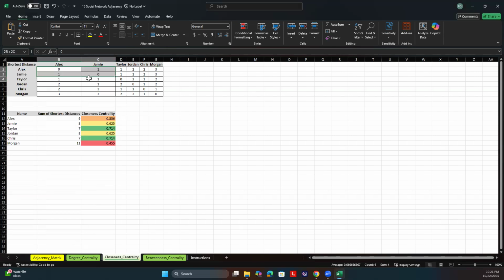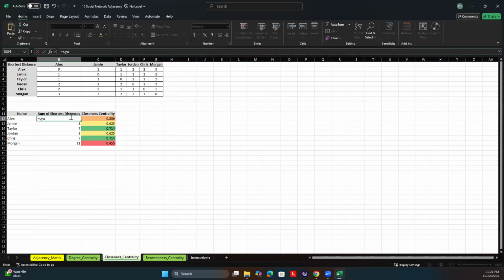Once you create this matrix manually, I'm just showing in Excel how to illustrate it. Again, it takes time. You need to go through every single combination, every single edge, to calculate the shortest path. Once you create this file by going through every single cell here, which is 6 by 6, 36 entries total, then we calculate the sum of each row.